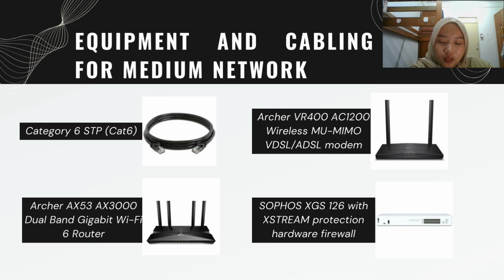Other than that, this router also has beamforming technology, which helps direct the Wi-Fi signals toward connected devices, improving signal strength and coverage. This is especially important in a lab environment where a stable and strong Wi-Fi connection is essential for various learning activities.